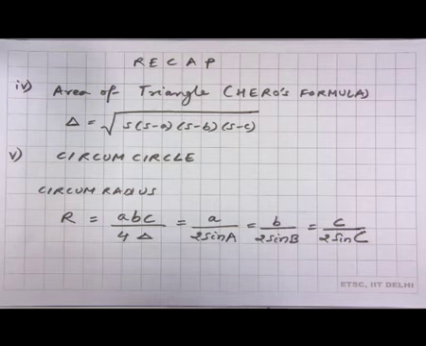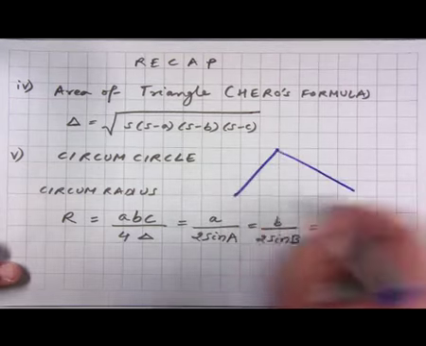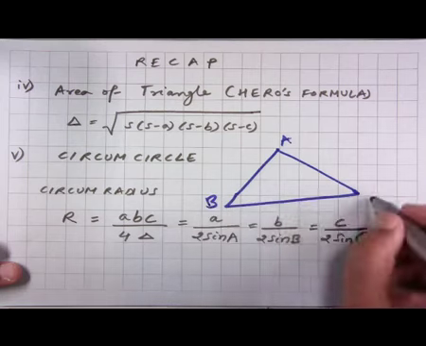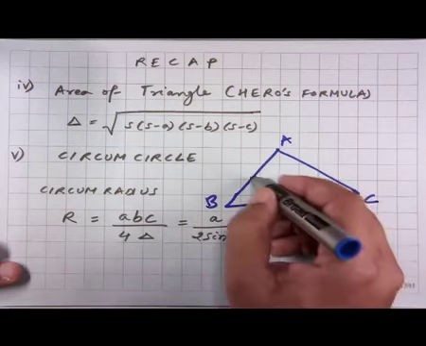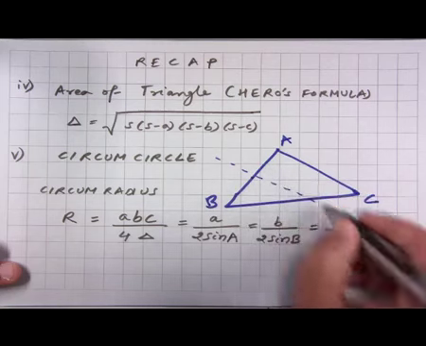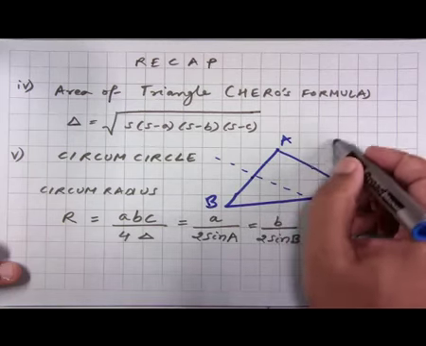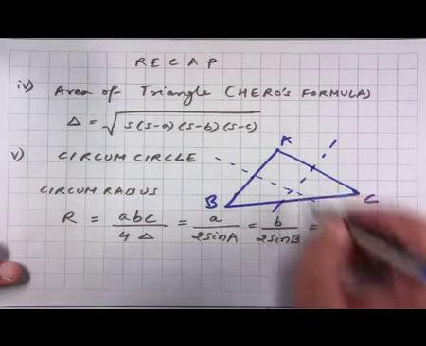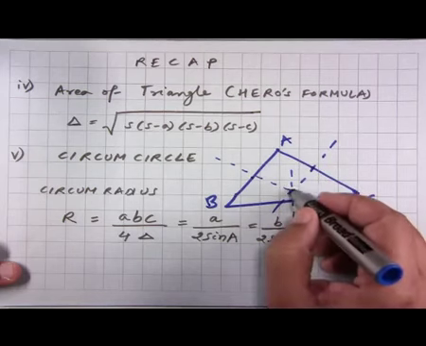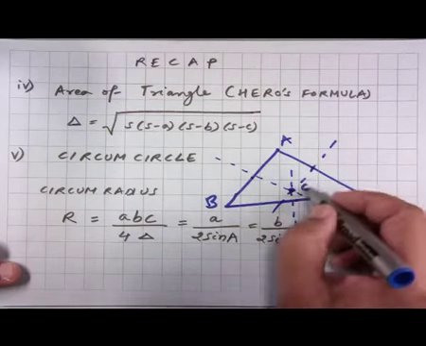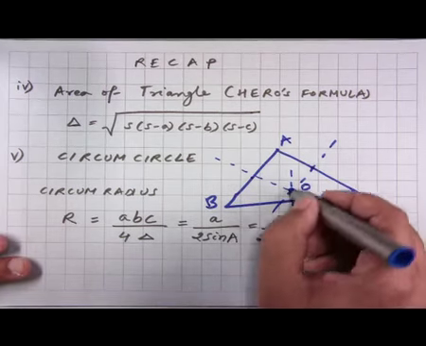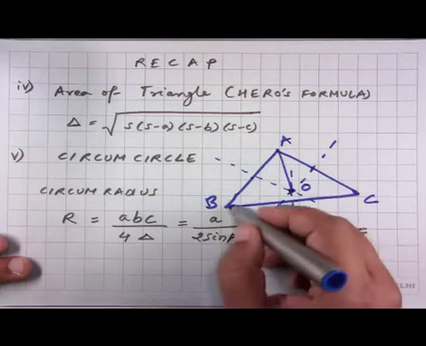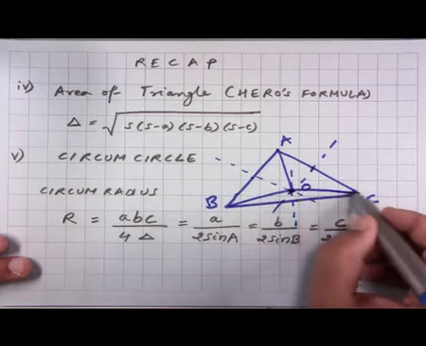So, we said that if we have any triangle, for example, the triangle ABC shown here, and we consider the perpendicular bisectors of all the three sides, and suppose that all of them meet at this point O, then we showed that the distances OA, OB and OC are all equal.